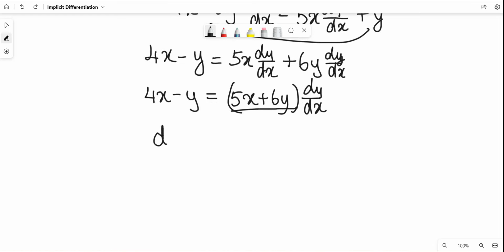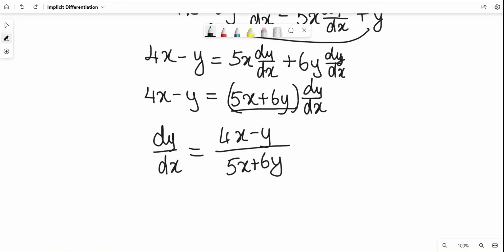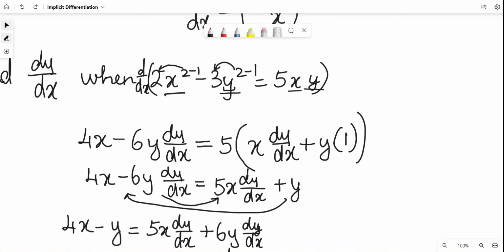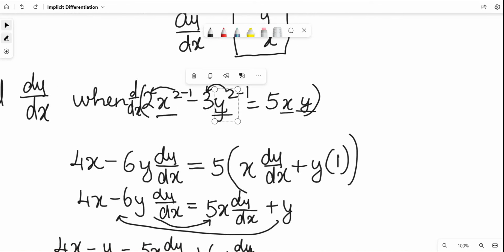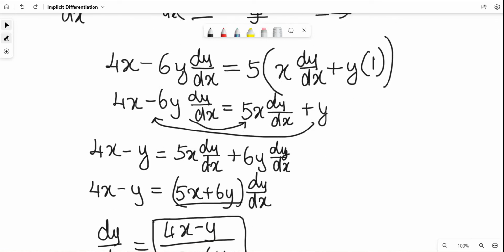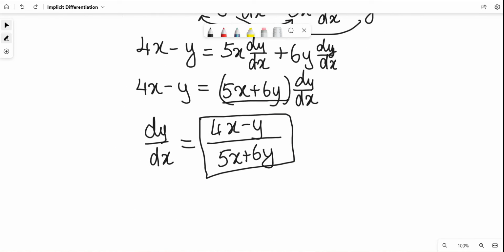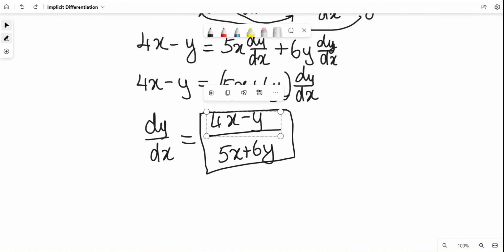So we have dy by dx equals 4x minus y all over 5x plus 6y. And this is amazing. This makes life so much easier because you don't have to rearrange this entire equation to get y as its subject. You just have to implicit differentiate, and you can easily get this as your formula.